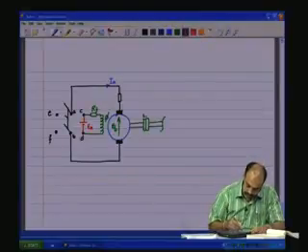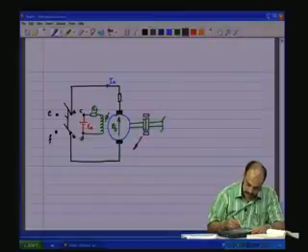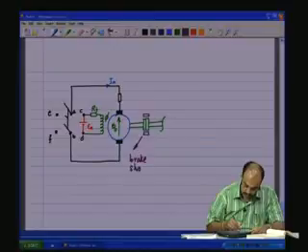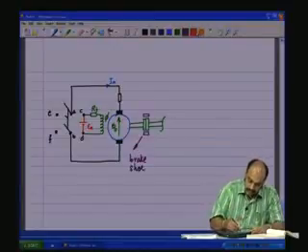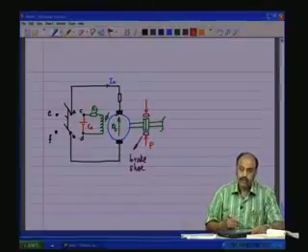So, let us say at this point I am going to put something here and let me call that one the brake shoe. Now, I apply a force F to the brake shoe.